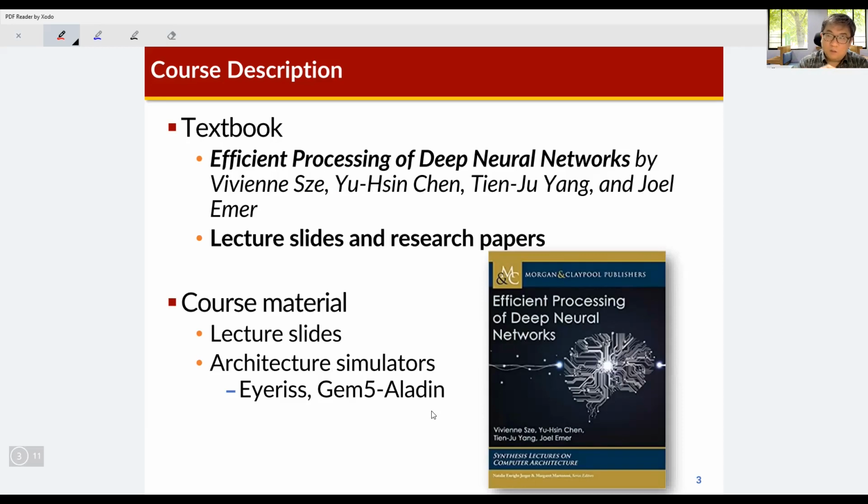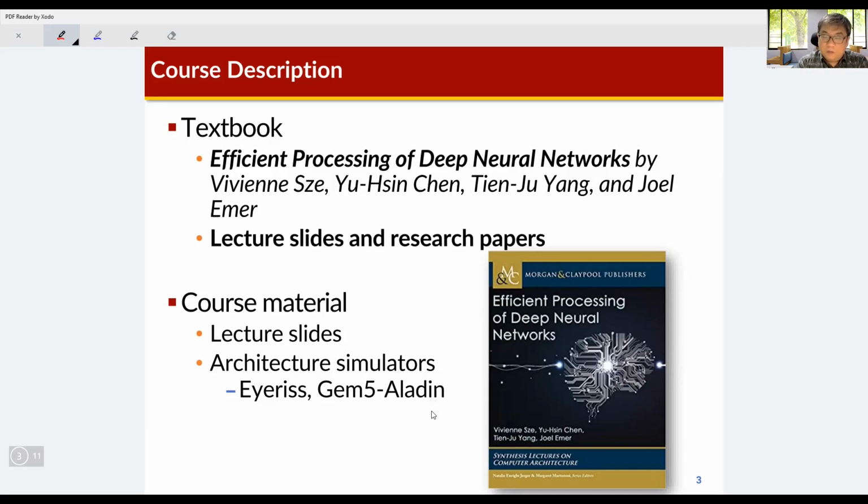She originally worked on processor architecture for image processing, but this is related to neural networks, because recently neural networks are widely used for image processing and computer vision. She is a very famous researcher in this field. So I will use this book as the main textbook of this course.